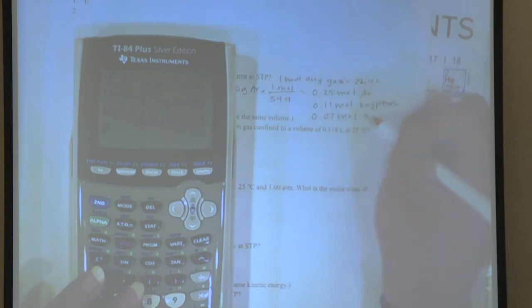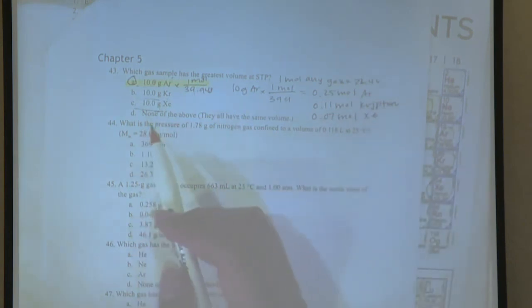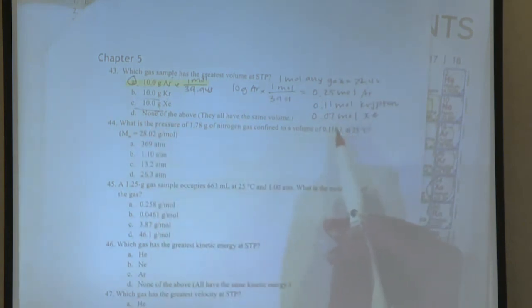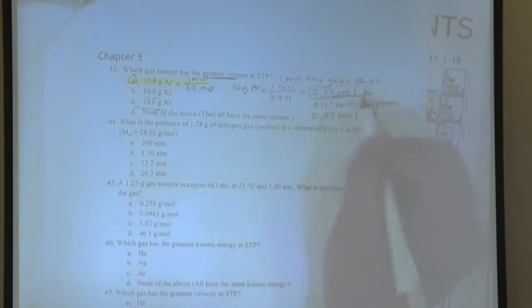You see how as your gas gets heavier, you have less and less moles per 10 grams, right? And so if every 1 mole you have 22.4 liters, then with a smaller number of moles, you're taking up less amounts of space, right? So the one with the greatest volume is going to be the one with the largest number of moles, which is going to be argon.